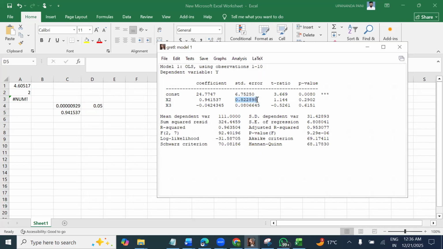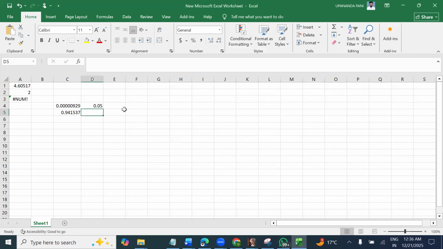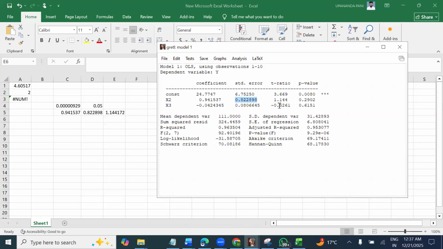So this is my beta 2, this is my standard error of beta 2. So how much did I get? 1.144. Now I will see whether my software has given this or not. The software has also given this. It means it is correct. Yes or no? Yes, sir. There is no problem, na?